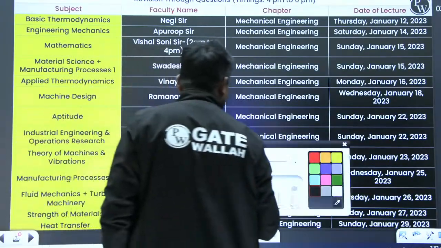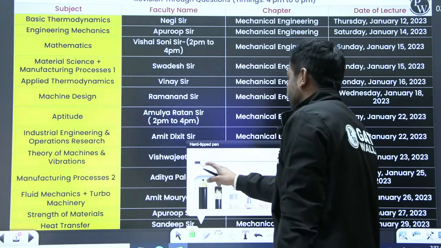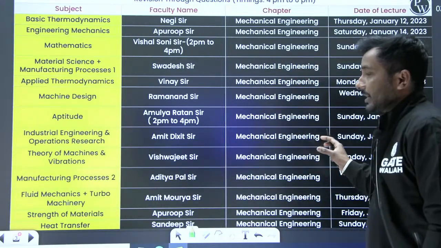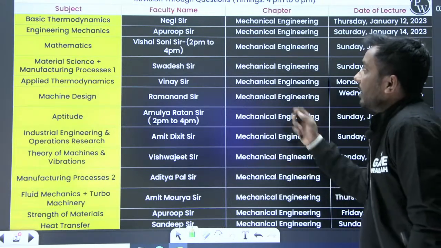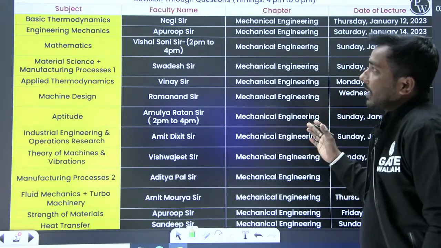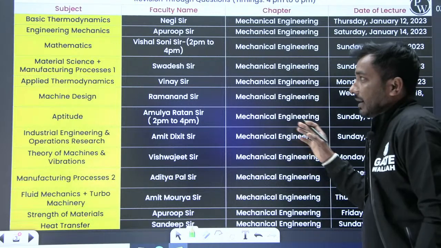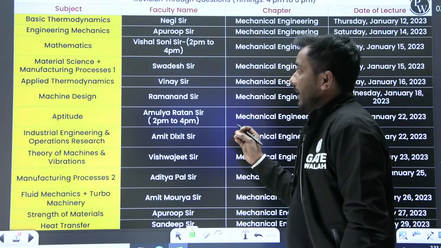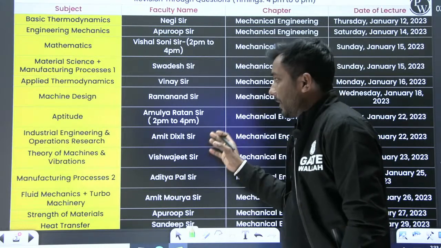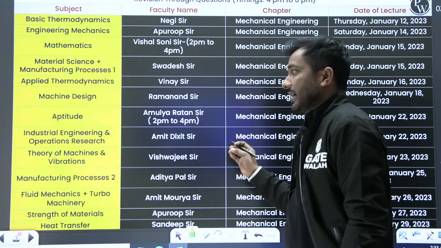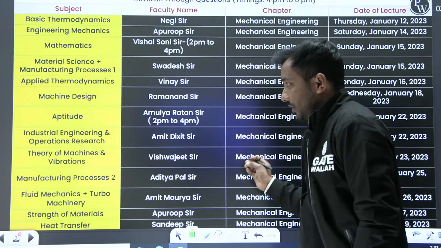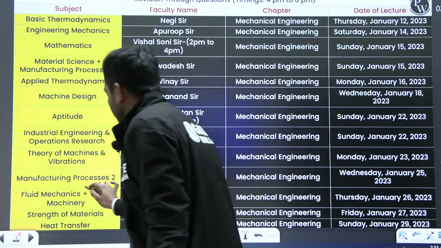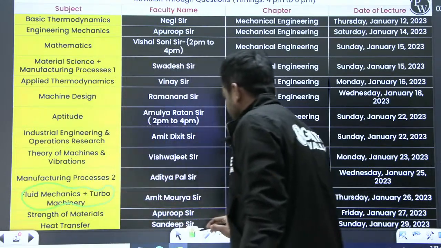This is the complete schedule which we are going to follow, and I hope you know the schedule. Maximum subjects are covered: basic thermodynamics, engineering mechanics, mathematics, material science, and manufacturing process 1. Applied thermodynamics, machine design, aptitude, industrial engineering, theory of machines and vibrations, manufacturing process 2. Today we are going to cover fluid mechanics and hydraulic machines.